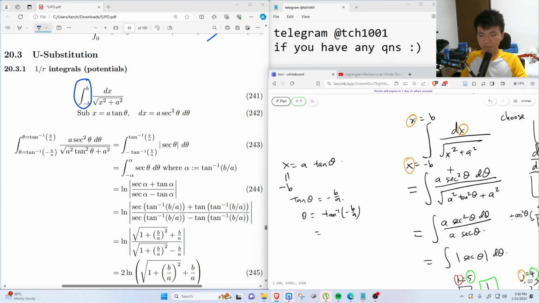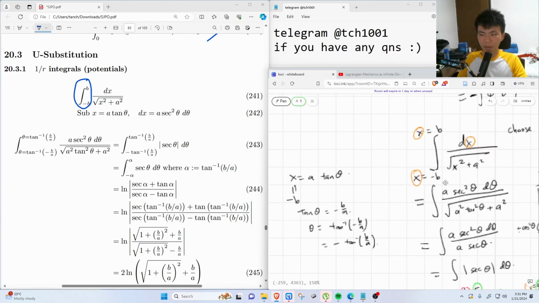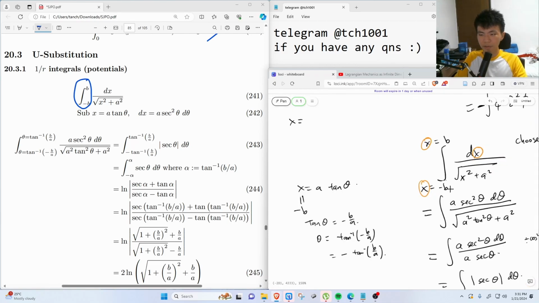And pulling out the negative sign, I can have minus tangent inverse of b over a. And likewise, the upper bound, when I have x equals to a tangent of theta and x is b, then tangent of theta is equals to b over a, and theta is equals to tangent inverse of b over a.